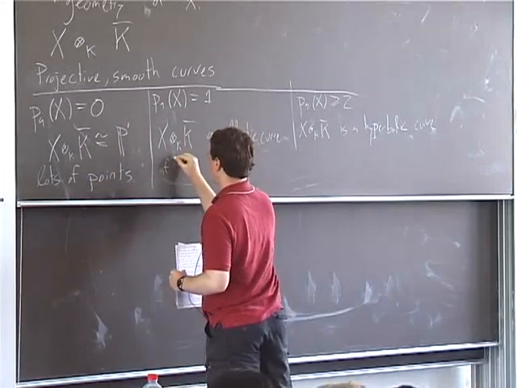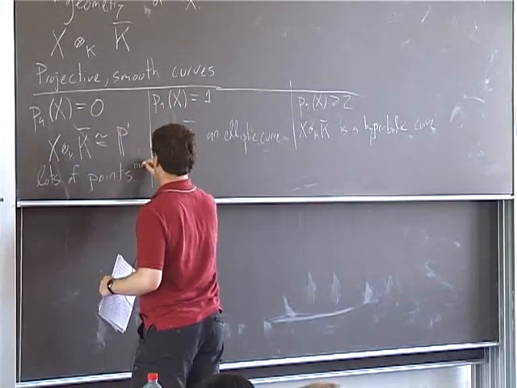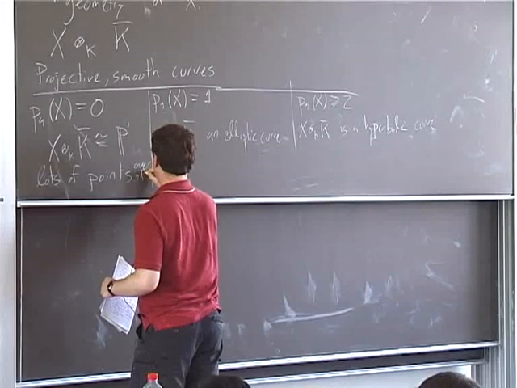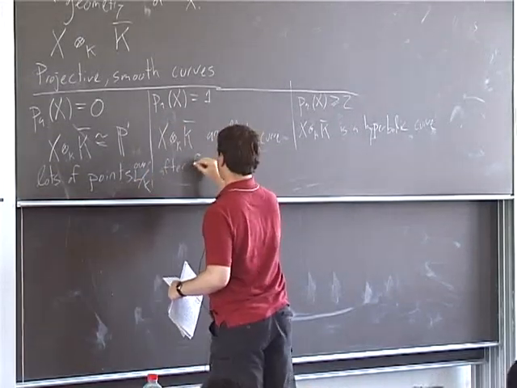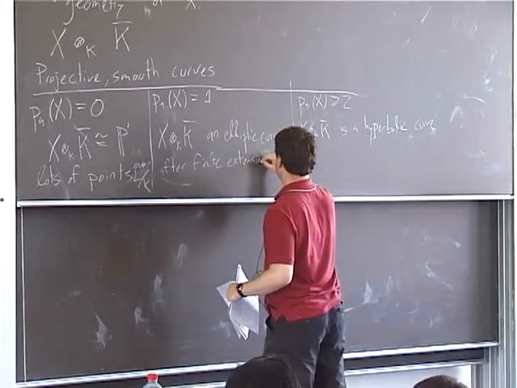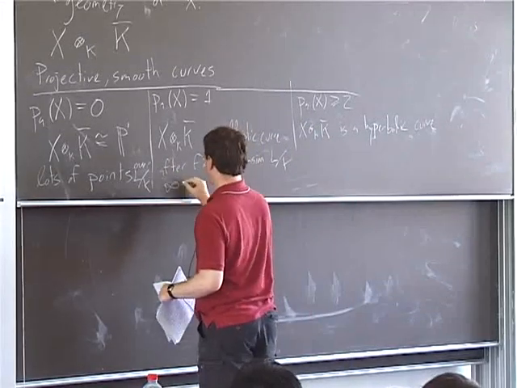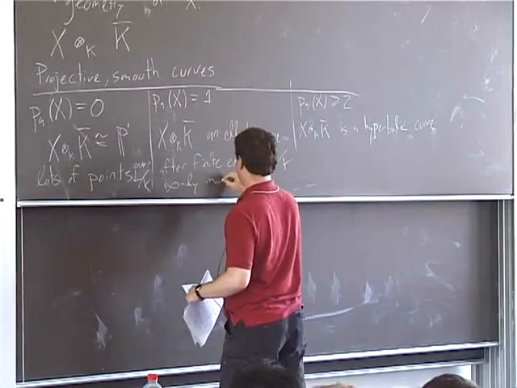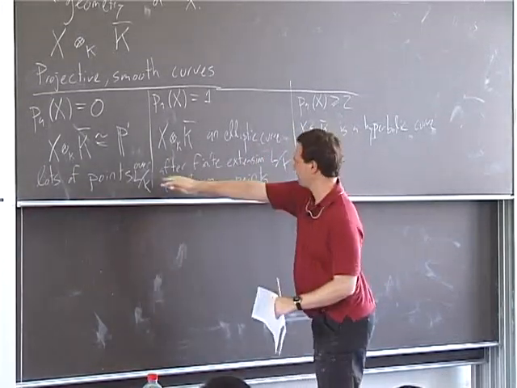qualitatively of a different nature than this case, where there can still be infinitely many points. So after a finite extension, L over K, then also in this case there are infinitely many points, but of a qualitatively smaller nature than in this case.